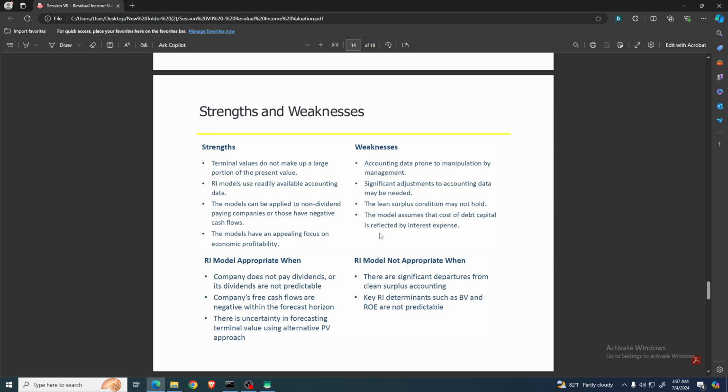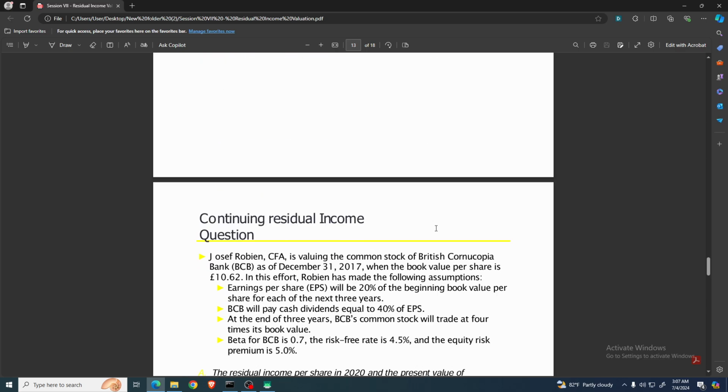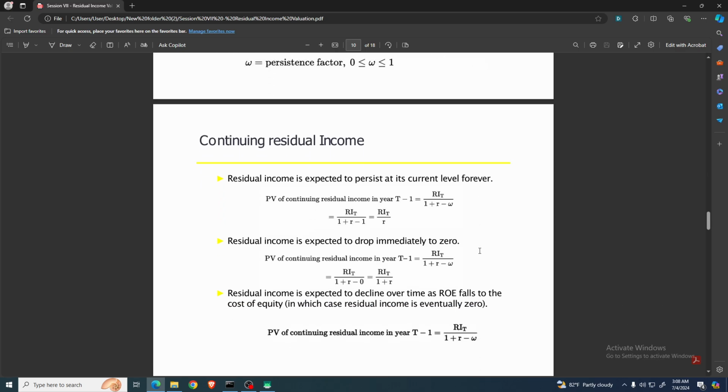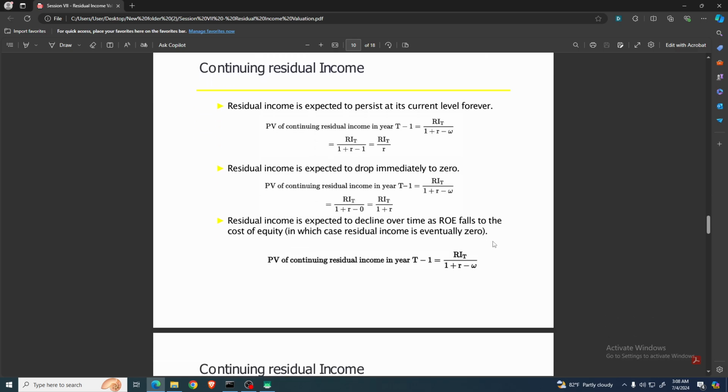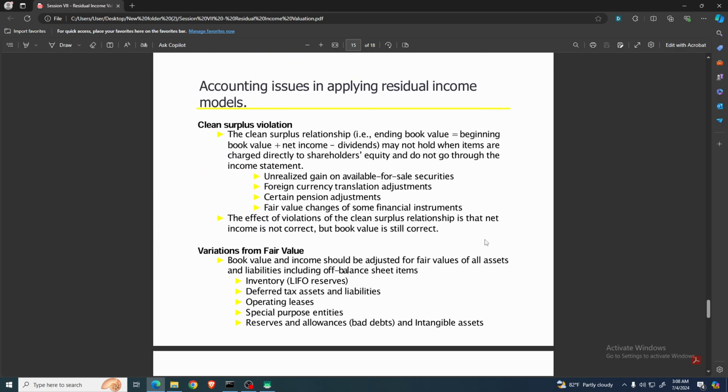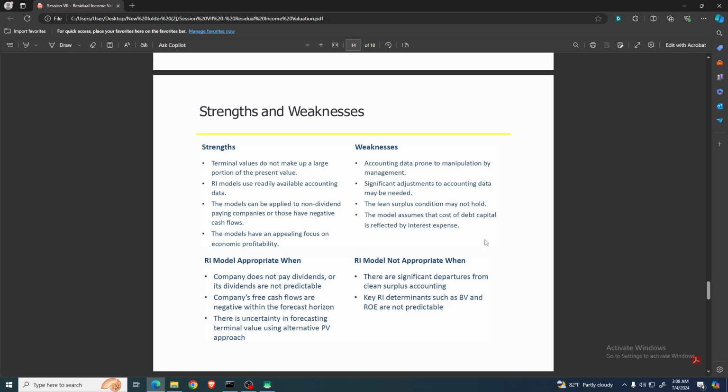Because every one of these assumptions that we have carried over, like when the residual income is expected to persist at its current level, when it is expected to drop immediately to zero, when it is expected to decline over time, and the return on equity is going to decrease, and the competitive advantage is going to erode. So all of these were based on the key determinants, right? Based on the key determinants, and if they are not really measurable or achievable, then it is best to avoid using the residual income model.